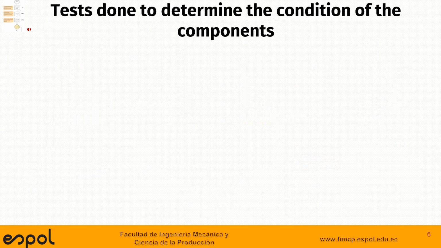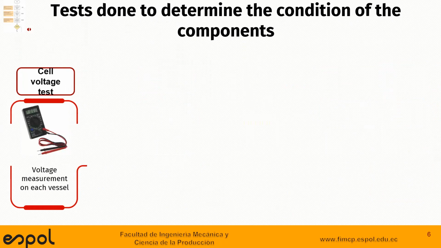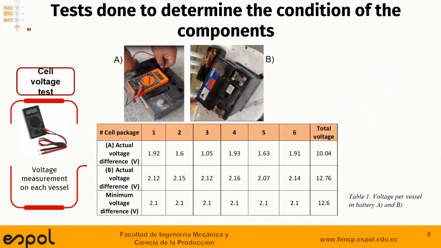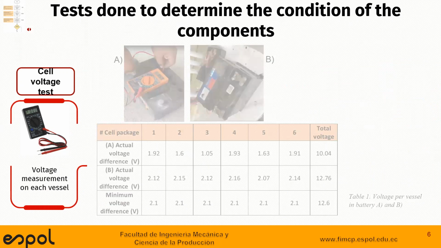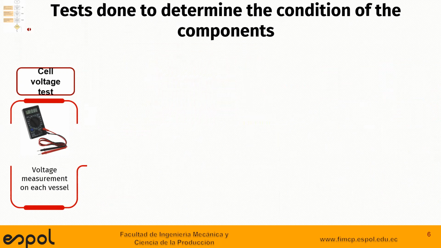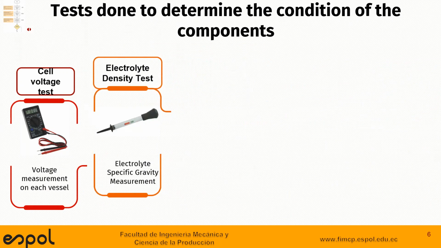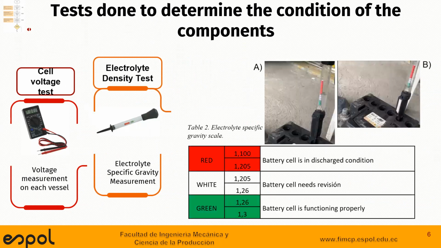These are the tests performed on two batteries. In the first test, the voltage percentage shown in table number 1 was measured to identify the cell packs that are suitable to be reconditioned. Then the electrolytic density was measured to verify its condition and evaluate the possibility of reconditioning.